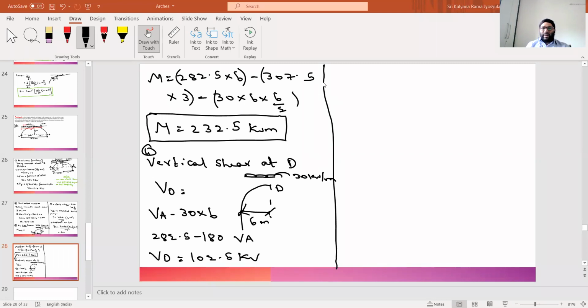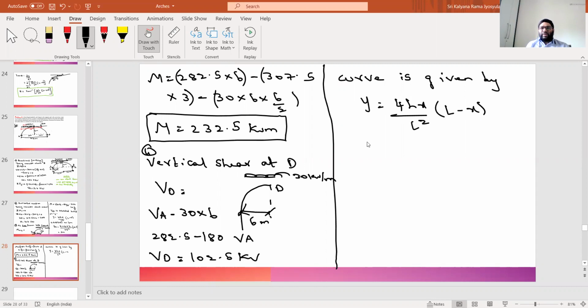Now the curve is given by y equal to 4hx by L square into L minus x. And we know that dy by dx is equal to tan theta. So what we will get from here? Tan theta is equal to 4h into L minus 2x by L square.